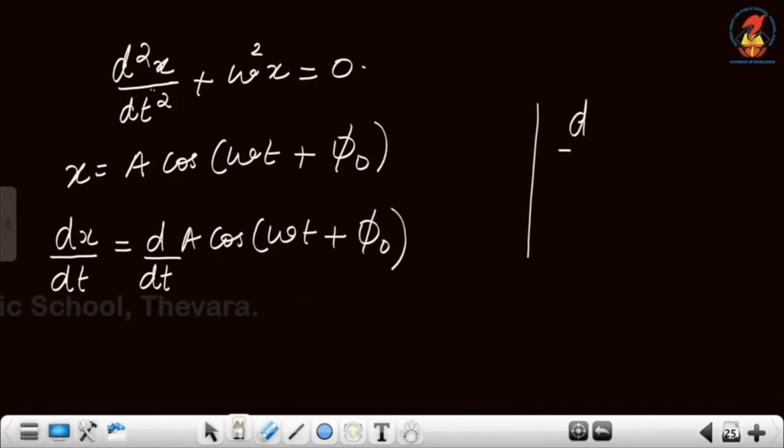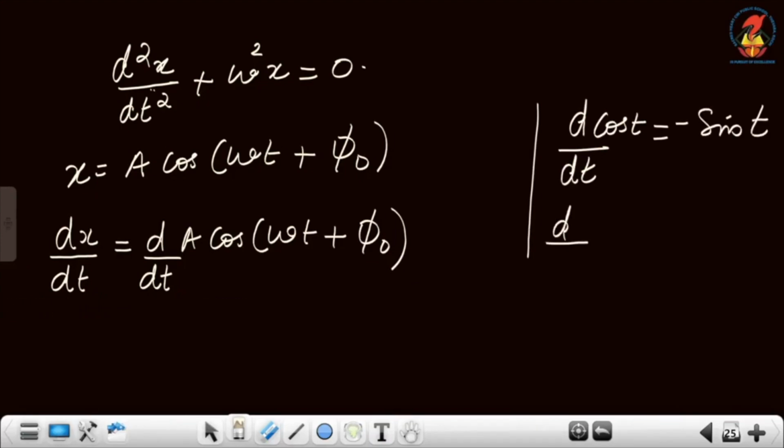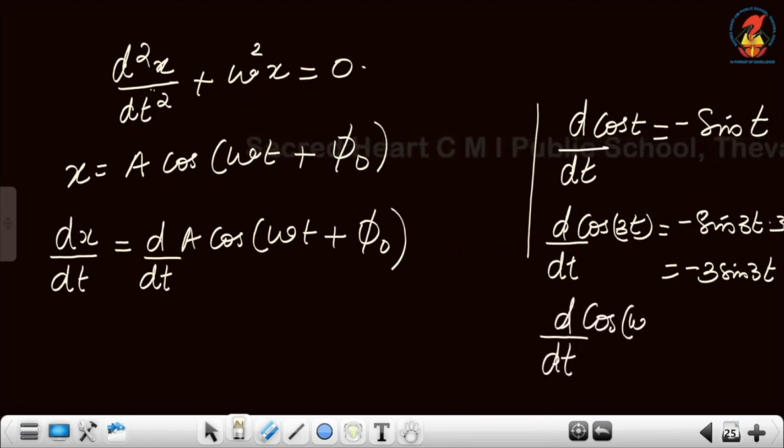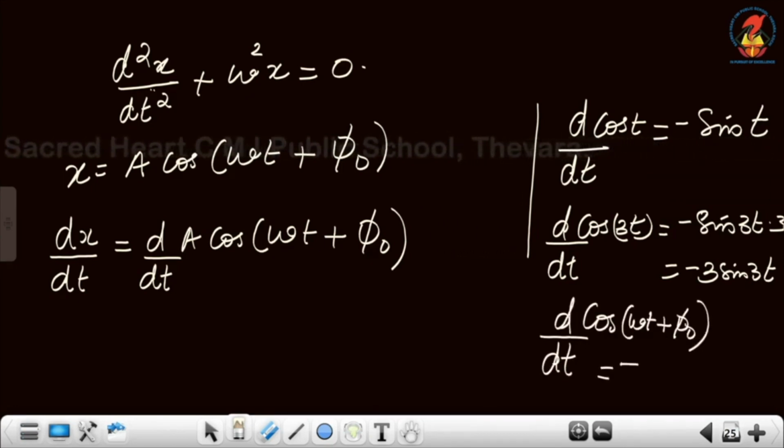The differential of cos θ with respect to time is minus sin θ, and the differential of cos 3t was minus sin 3t into 3, which is minus 3 sin 3t. So what will be the differential of cos(ωt + φ0)? The derivative of cos is minus sin(ωt + φ0).